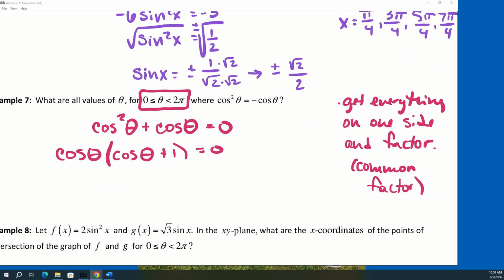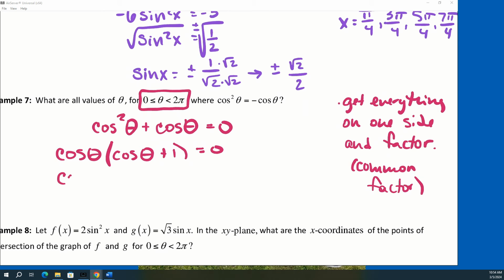All right. So do you guys remember what to do after you factor when you're solving by factoring, if it's polynomial or trigonometric? If these multiply to get 0, then what does one of them have to be? 0. So if you ever multiply and get 0, one of the things you're multiplying by is 0.